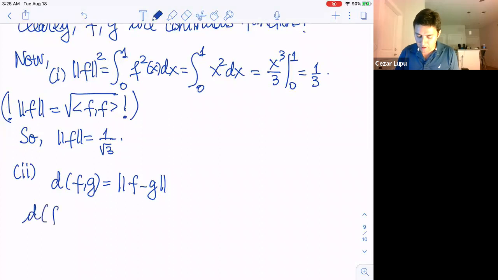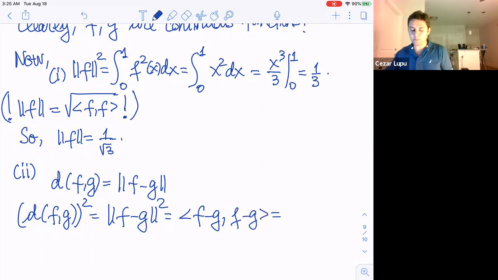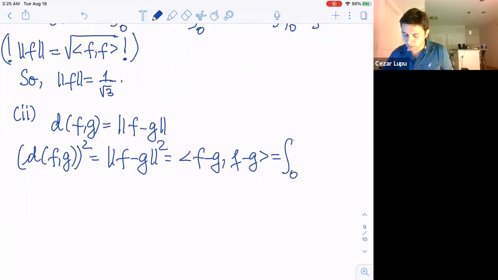So the distance between f and g, squared, is the length of f minus g squared, which is the inner product between f minus g and f minus g.